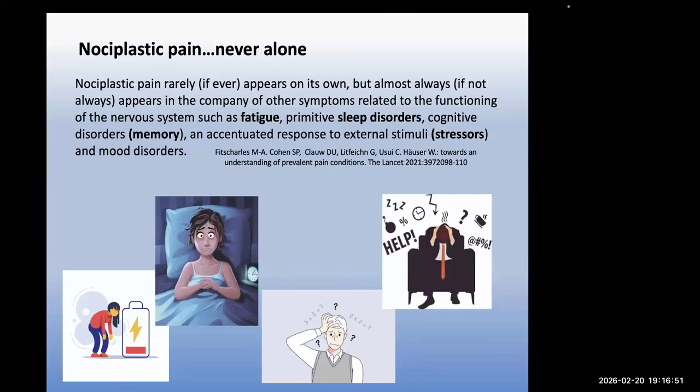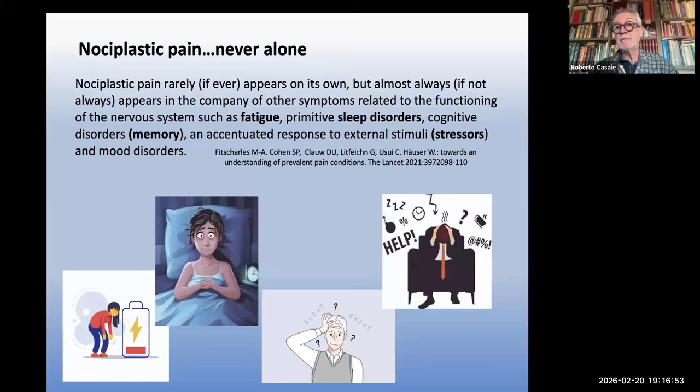And please take into account this note, stress, because in the next slides we will not deal with what we usually define as stress.